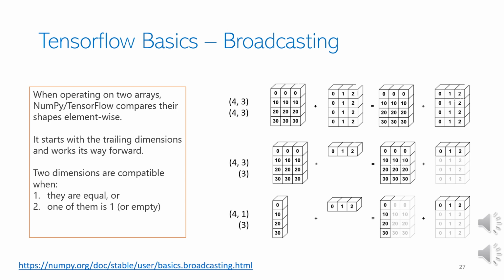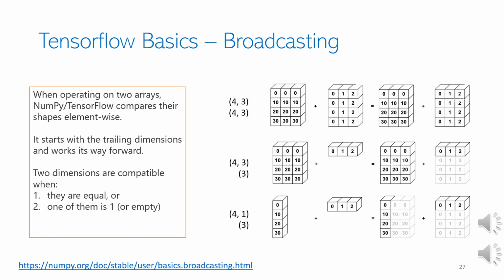Let's see another example. Let's say we have a 4 by 1 tensor. We want to add it to a 1D tensor of shape 3. So we have 4 by 1, we have 3. What happens is that the trailing dimension is 1 for one tensor and 3 for the other one. So 1 will get repeated to become 3. The other dimension is 4 and empty.